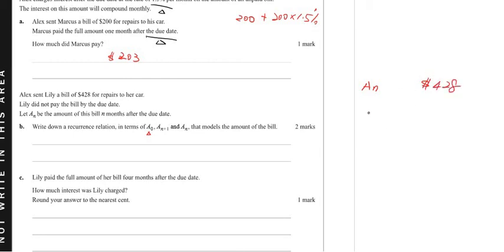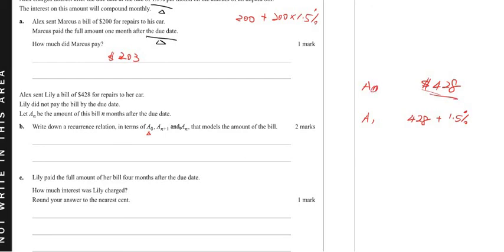Okay, but because she didn't pay her bill at the end of the first month, then she will need to pay this amount plus 1.5% of what she didn't pay. Right? So what she didn't pay is A_0 or 428.